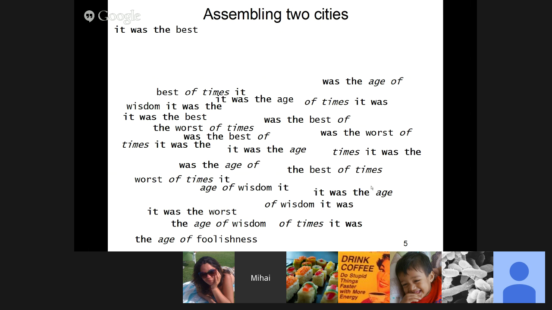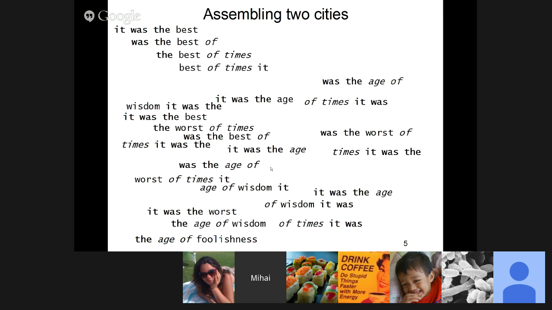So I'm going to look for some other piece that shares a lot of the sequence with the original piece. In this case, I started with "was the best," and then "was the best of" comes next, and I can keep this process, and slowly it looks like I'm reconstructing A Tale of Two Cities. So everything looks great.